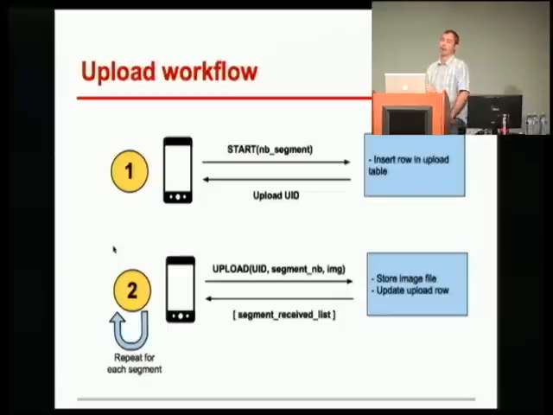So an upload can have multiple segments, multiple images. What the app does is call this API, which is REST, JSON, simple, and it says, I want to start an upload and have 3 segments. On the backend, we use MySQL, we have an upload table.